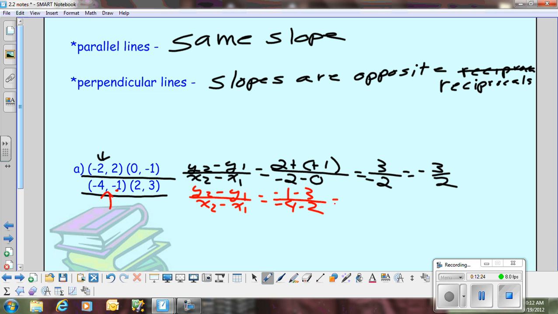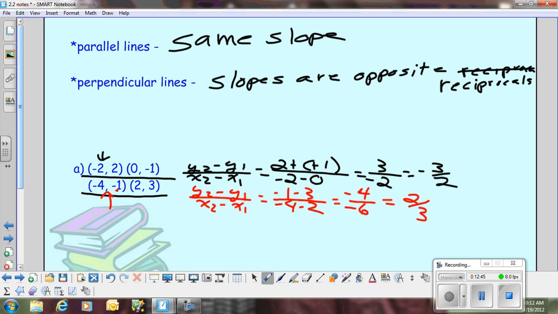Negative 1 minus 3 is negative 4, over negative 6. So this is going to be a positive 2/3. It's perpendicular.